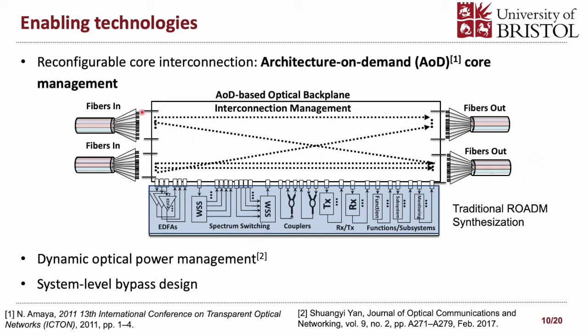For the other cores, we can use a traditional ROADM, and because of this architecture we can change or allocate different cores to the ROADM. For the ROADM part, we can use traditional ROADM modules, or we can synthesize the ROADM based on the scale. This is based on the architecture on demand concept.